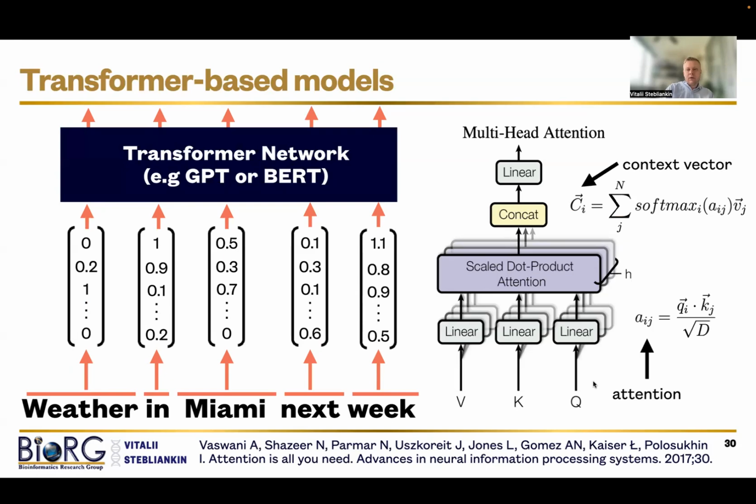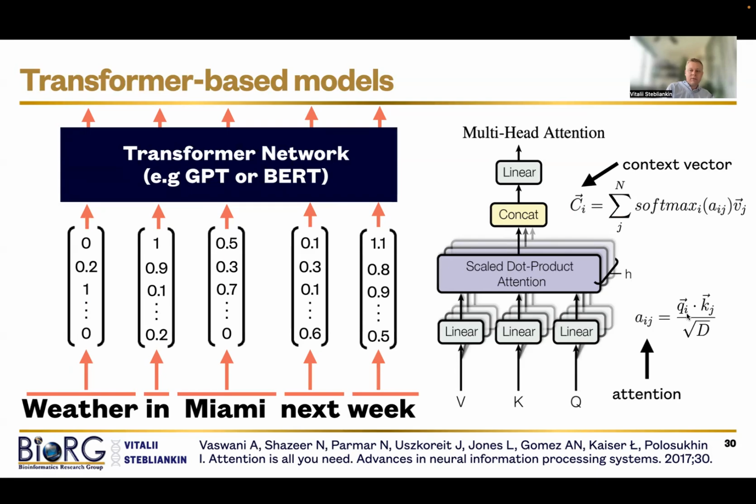Then it goes to the linear layer and the scaled dot product attention. Here's the formula to get attention. To get the attention of I to J, you do a dot product of query I with key J.